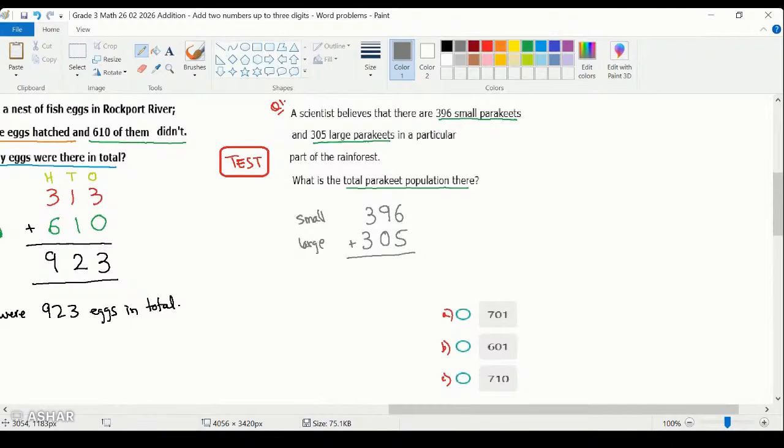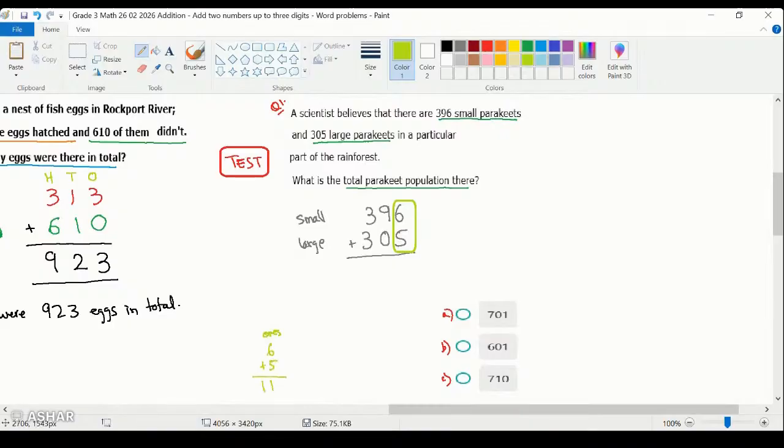May, you're saying option C, but let's have a look over here. Thank you for answering, but let's confirm. In the ones, we can say 6 plus 5, right? 6 plus 5 is 11 ones.